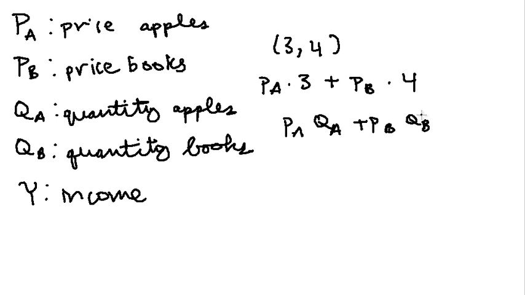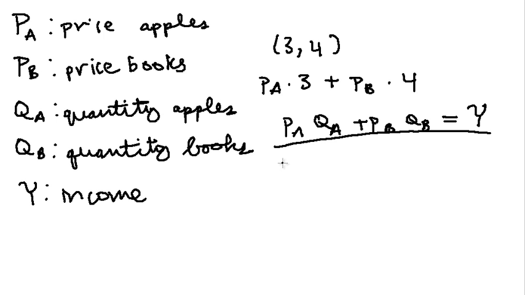Now, the budget line wants us to use up all of our income, but not to buy more than our income and not to buy less than our income. So the equation for the budget line is that the amount that we spend, PA QA plus PB QB, is equal to Y, our income. From this equation, we can easily get to point-slope form. I'm going to assume that apples A are on the x-axis.